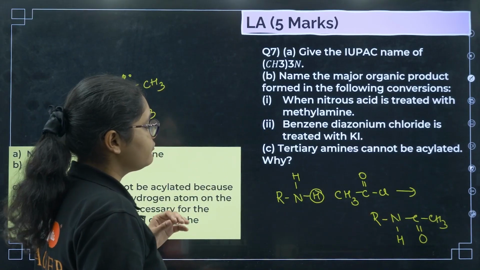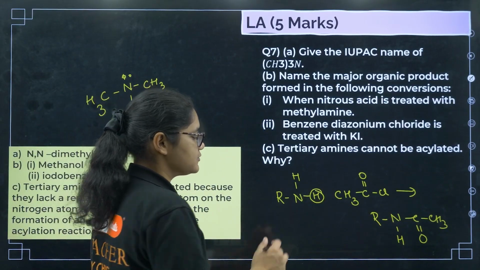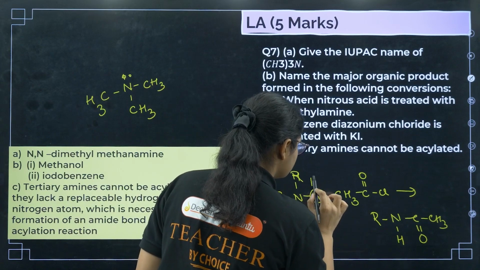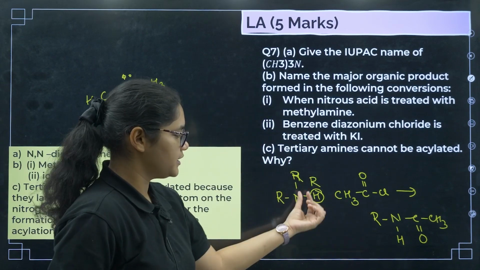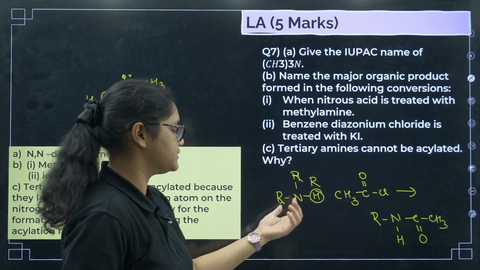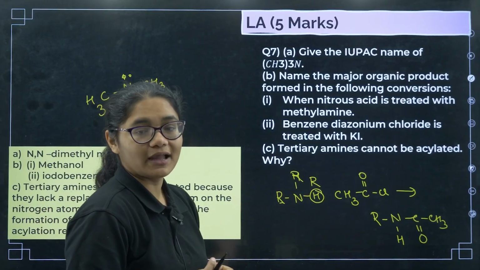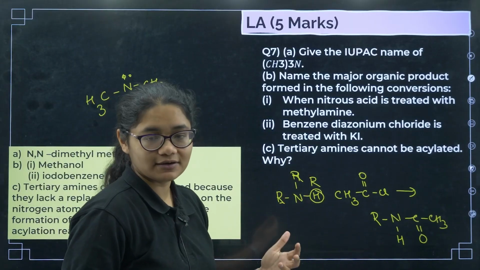Now if you have a tertiary amine, this is also an R group and this is also an R group, so there is no H present to replace.